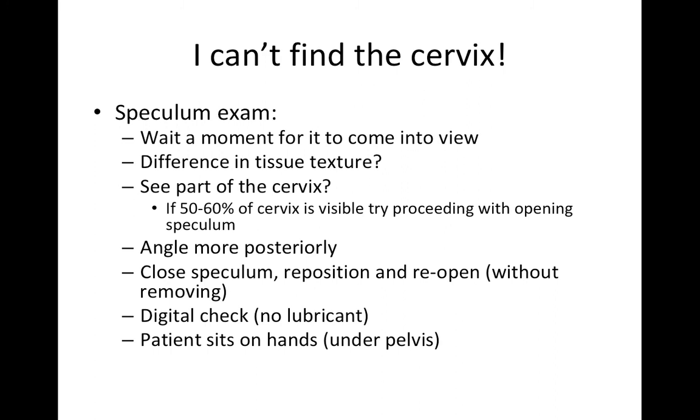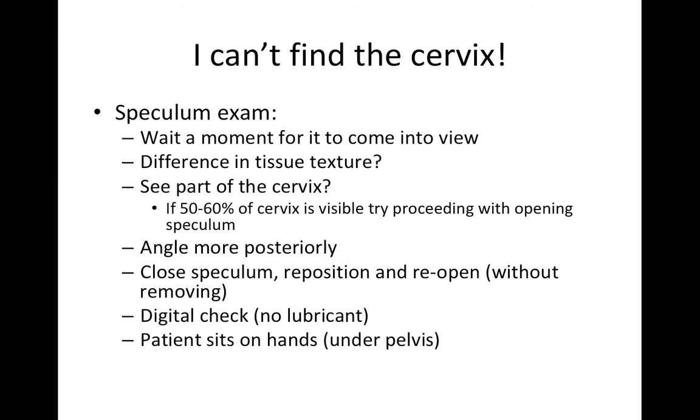Sometimes if you can't see the cervix and you open the extensions, you can take your hand off the speculum altogether and let everything settle into place, and the speculum will pop into view, and the cervix will pop into view. That happens quite often. Now let's say you really can't find the cervix.